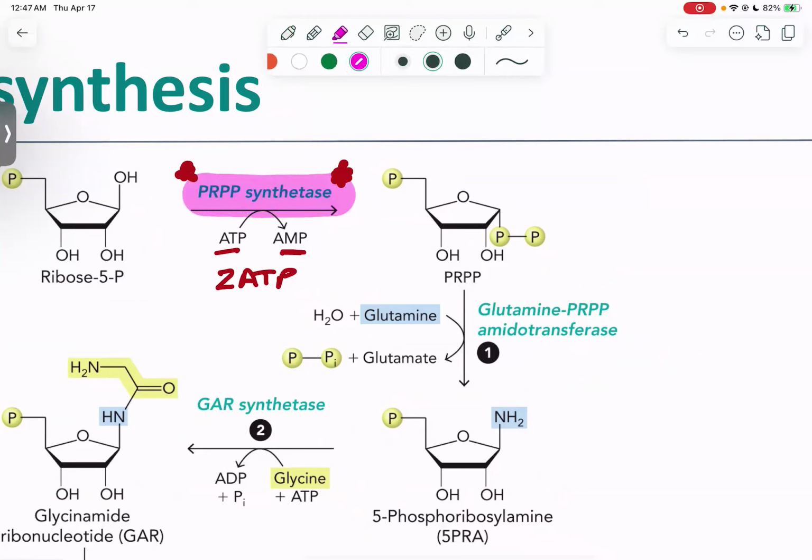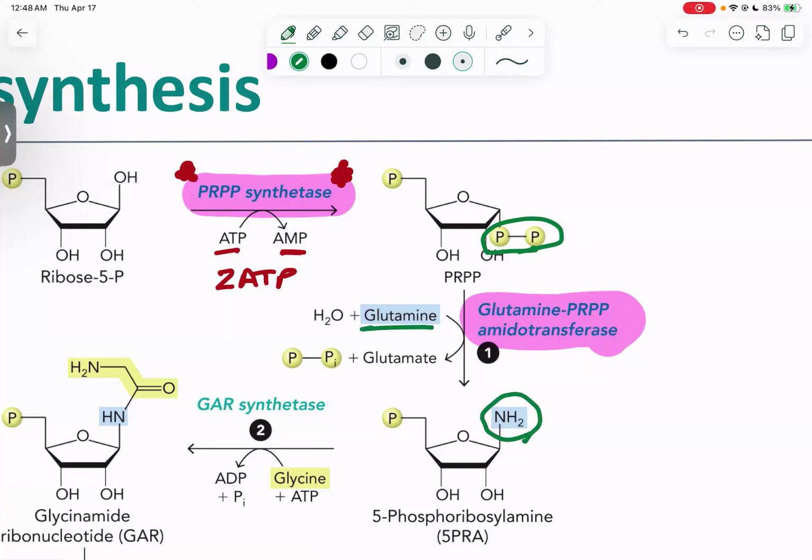These 2 enzymes, PRPP synthetase and our glutamine PRPP aminotransferase, this is really important because we're going to be replacing our pyrophosphate with something. Well, what are we replacing it with? We're replacing it with an amine group that comes from glutamine.